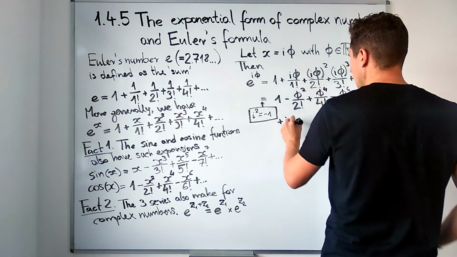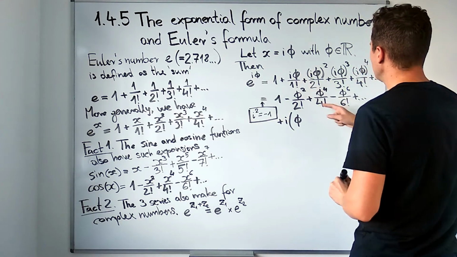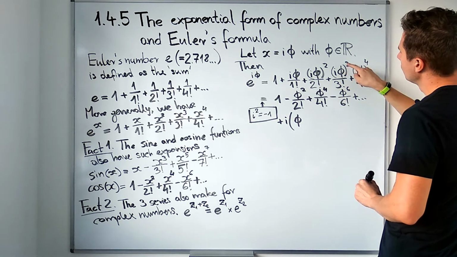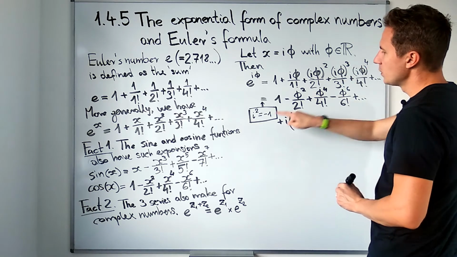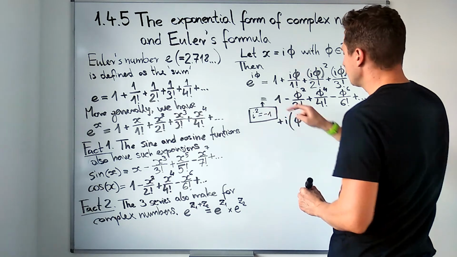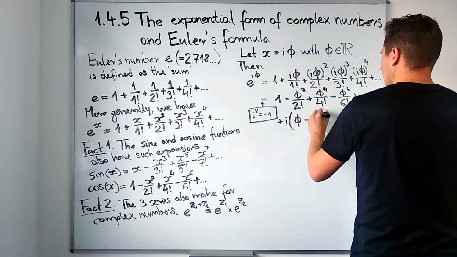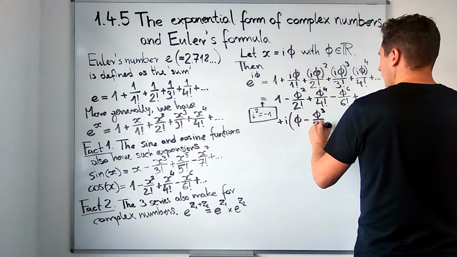So in the first one, we have, of course, phi just by itself. Then here we are going to have I cubed, which is I times I squared. So I times -1. So that's a -1 times I times phi cubed divided by 3 factorial.